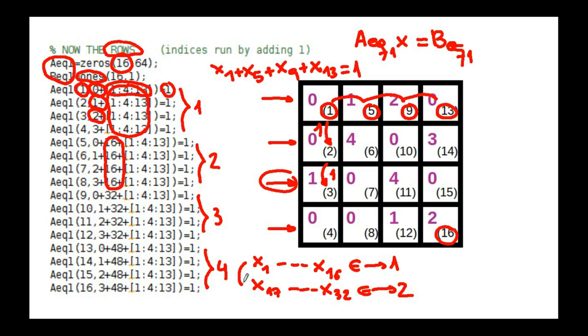So as you can see here, I have an addition of 16 positions in the optimization array. That's why I add 16. And then number 3 will be from 33 till 48. So that's why I add 32, because 1 plus 32 is 33. And the last group of equality constraints is for number 4, and it's the same as number 1, but adding 48 positions.